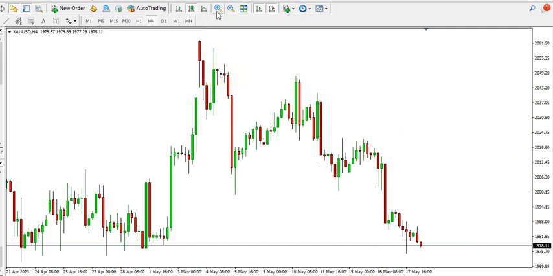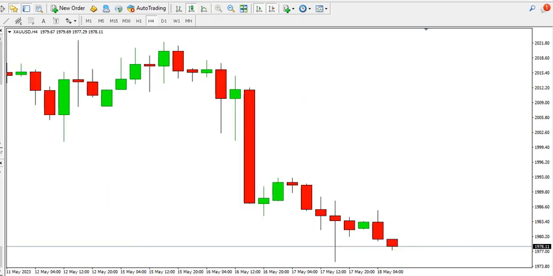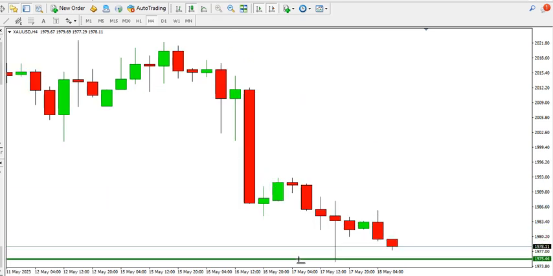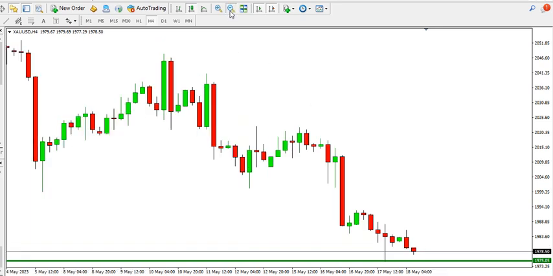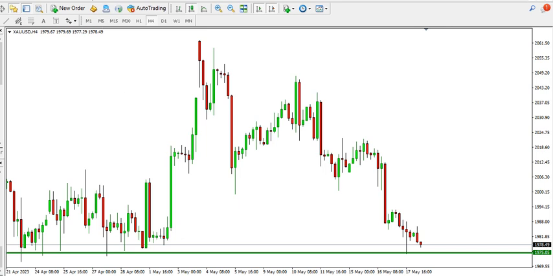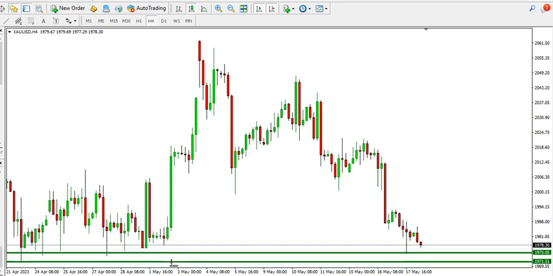On the 4-hour time frame, price is still dropping and attempting to get to the 1975 point. A break of 1975 will send price to 1971. So that's that on the 4-hour time frame.